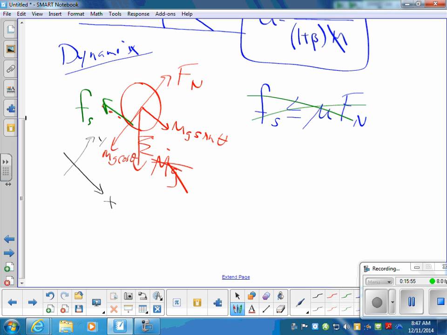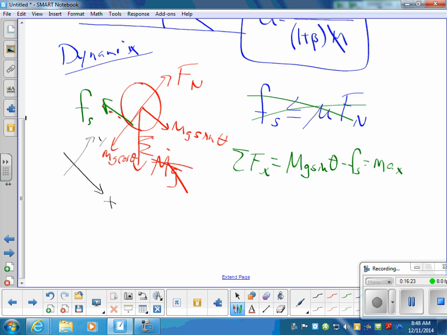So let's do net F in the x. Net F in the x equals mg sin theta minus f_s equals ma_x.